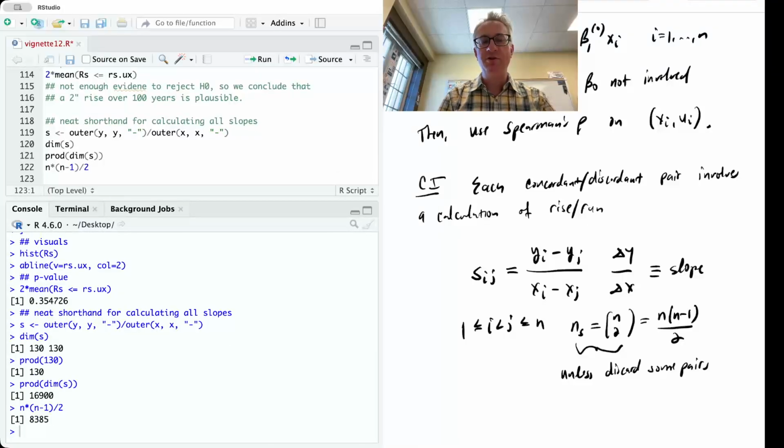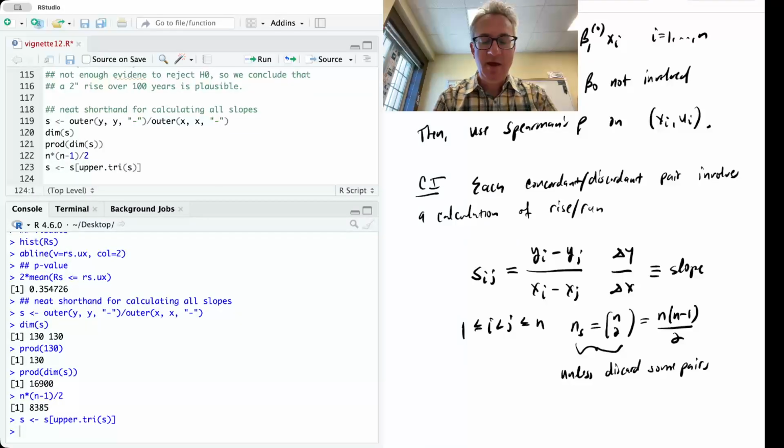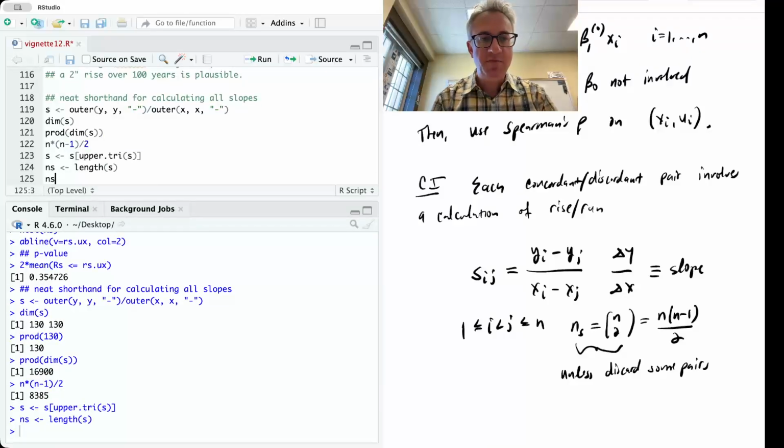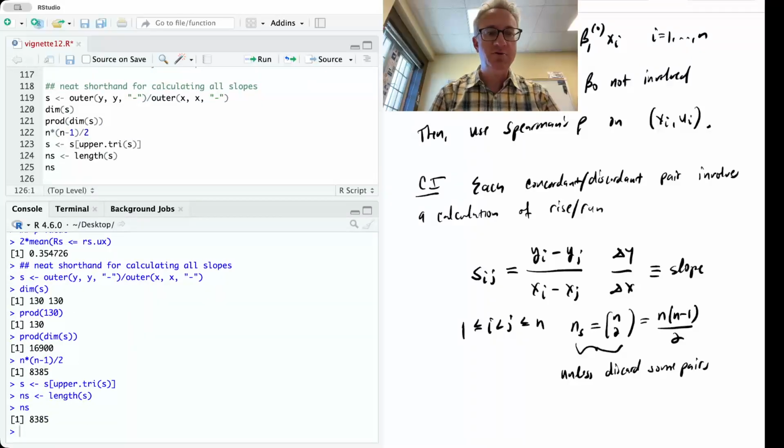So if we want to get just the unique ones, so we're not double counting the pairs, we can just look at the upper triangle of this matrix. So S upper tri S, and then ns, which is the length of S, should be equal to n choose 2, and it is.